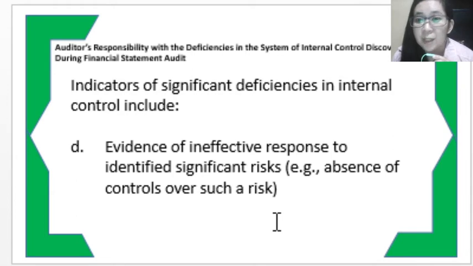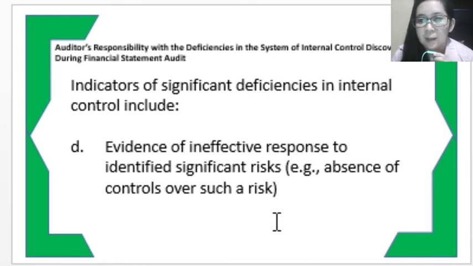Another is evidence of ineffective response to identified risks, or there are no controls over such risk. We've mentioned this also earlier. Ineffective response, meaning there is an action, but it is insufficient. So it is still considered to be a significant deficiency because this response or action will not address the risk.